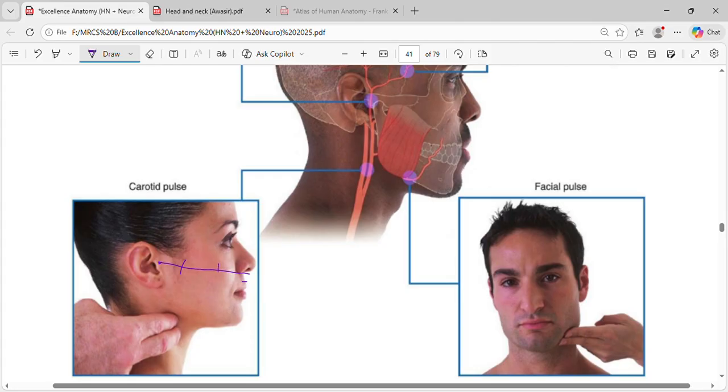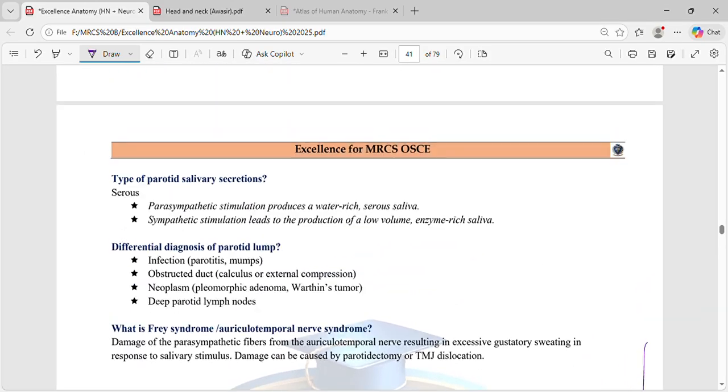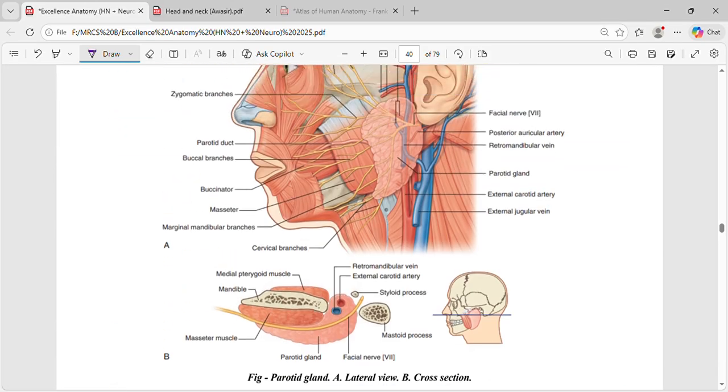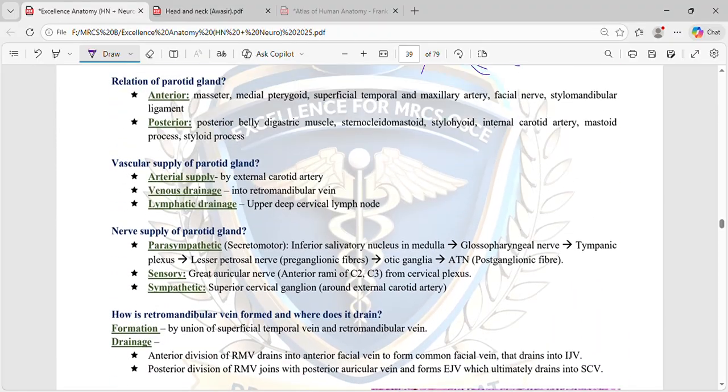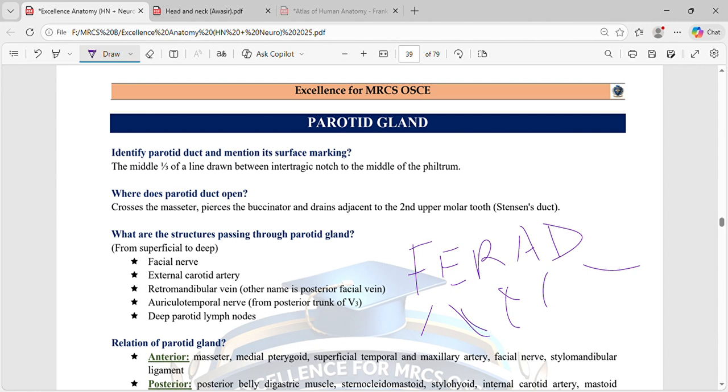So the middle third will be the surface marking, or here will lie the parotid duct, which is about 5 centimeters and is also called Stenson duct. So it is the middle one-third of the line drawn between the intertragic notch to the middle of the philtrum.